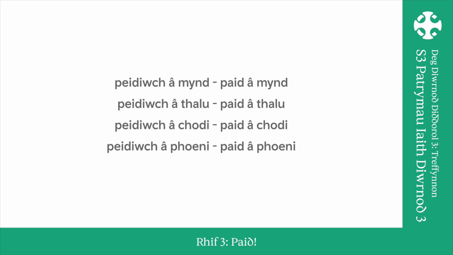Peidiwch â chodi, paid â chodi. Peidiwch â phoeni, paid â phoeni. â becomes ag before a vowel. Peidiwch ag aros, paid ag aros. Peidiwch ag ofni, paid ag ofni.